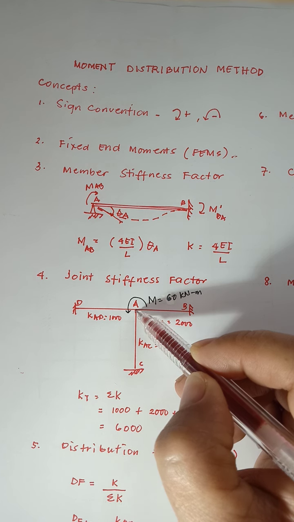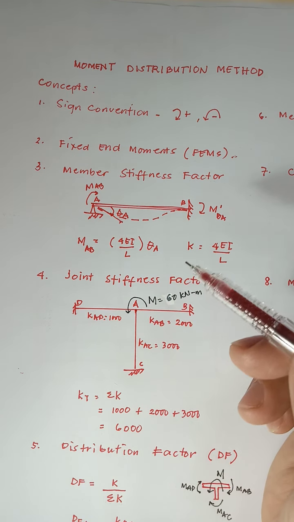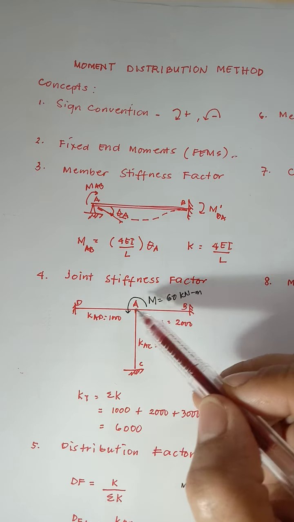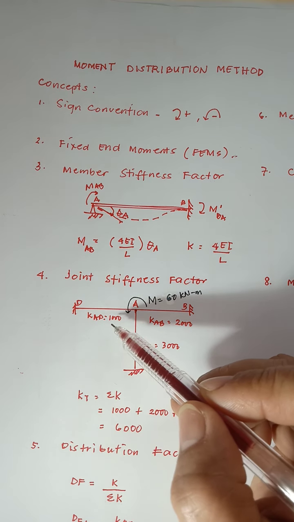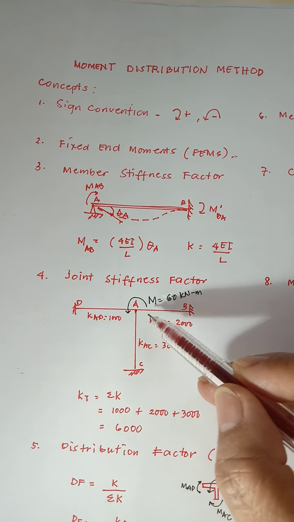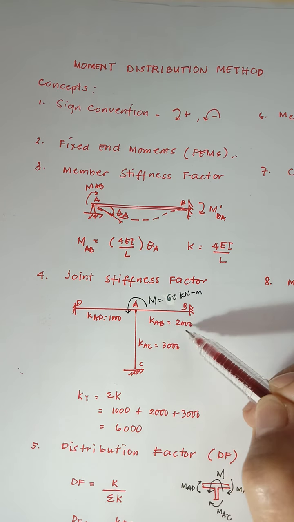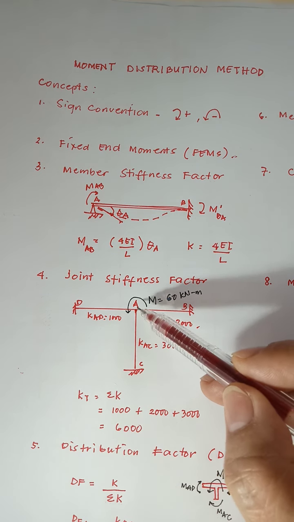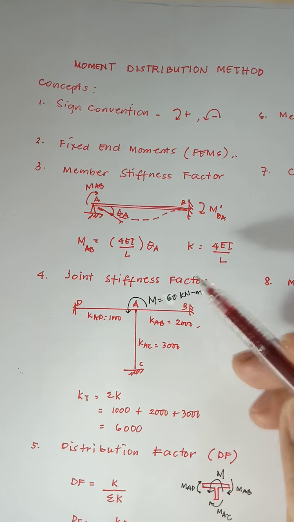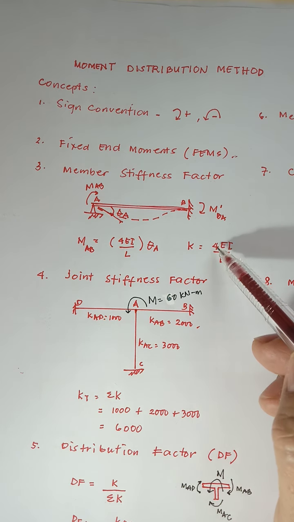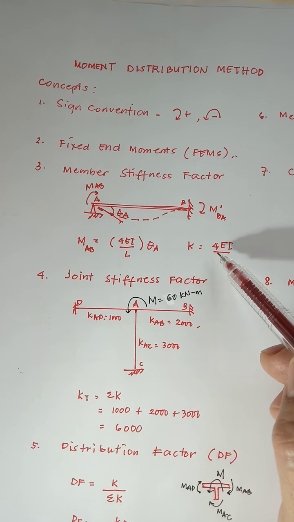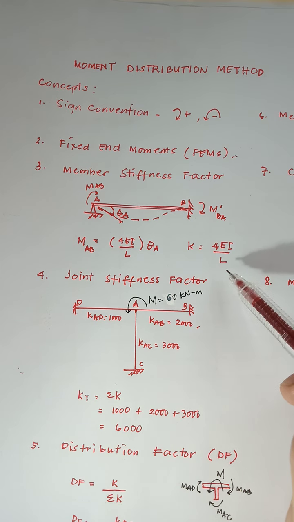Let's say the stiffness factor for member DA is KAD equal to 1000, the stiffness factor for AB is 2000, and the stiffness factor for AC is equal to 3000. How do we solve this using the formula for stiffness factor, which is 4EI over L?